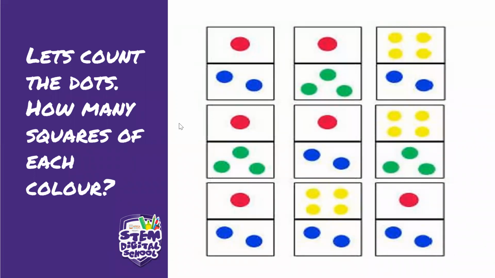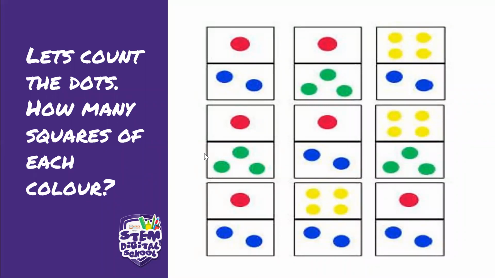Who would like to count the green dot squares? The squares that have the green dots. Yes, please count the squares that have the green dots. One, two, three.